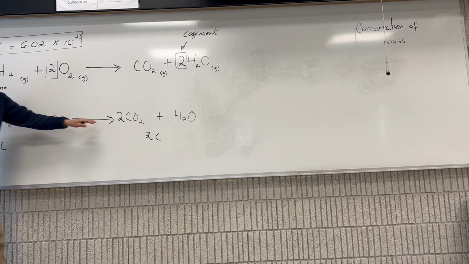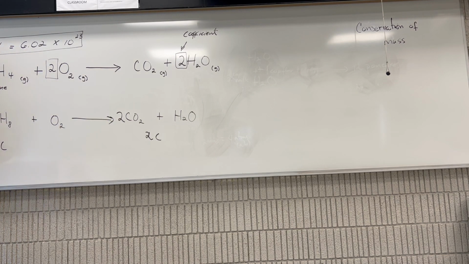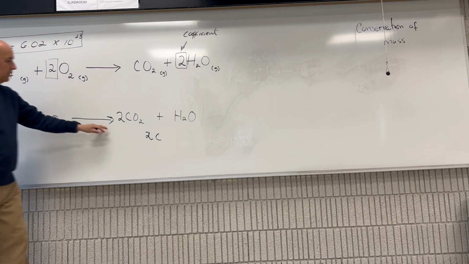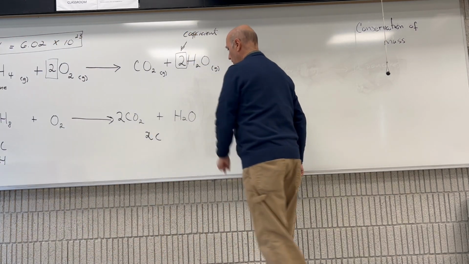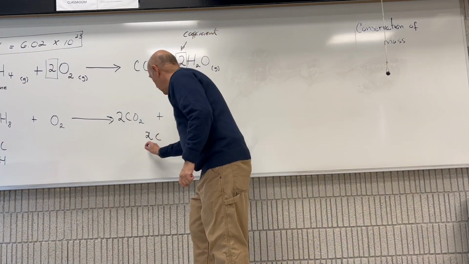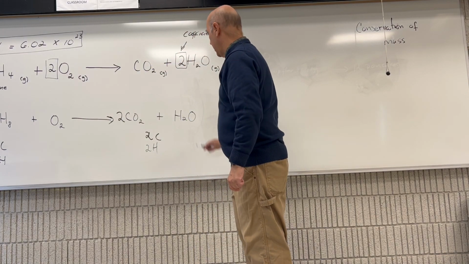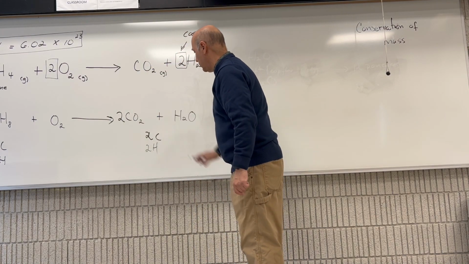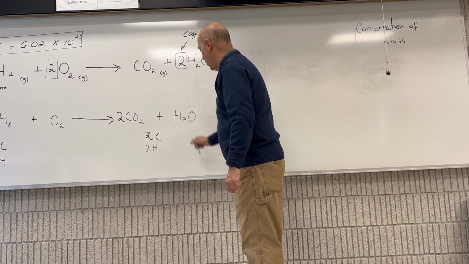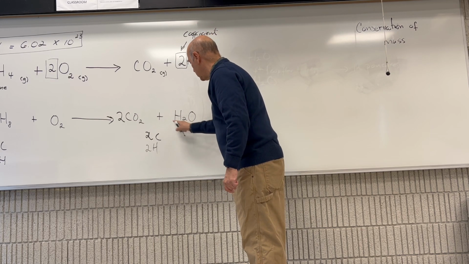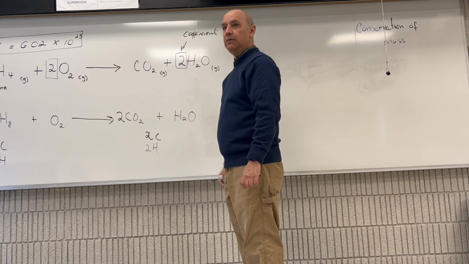Now let's take a look at the next chemical. Hydrogen. There are 8 hydrogens on the left. And if we go to the right, how many do we have? Only 2. We need to fix that again. We cannot touch the formulas, only the amounts of the chemicals. So how do we make these 2 become 8?